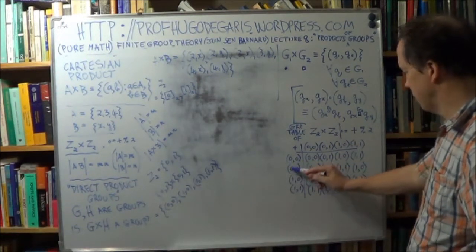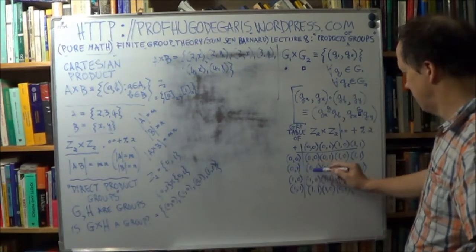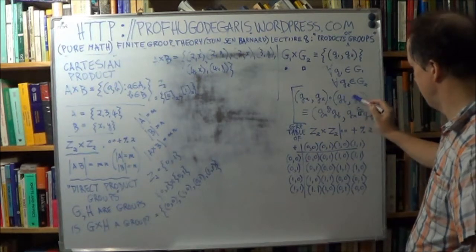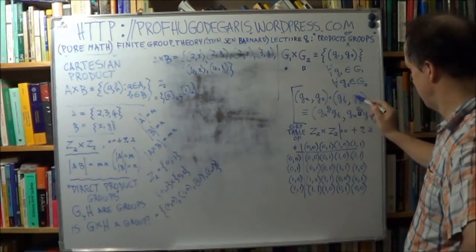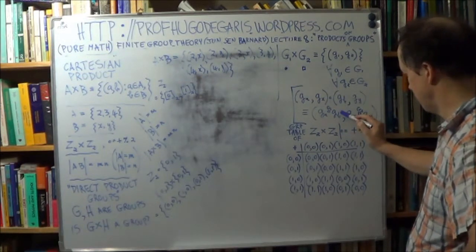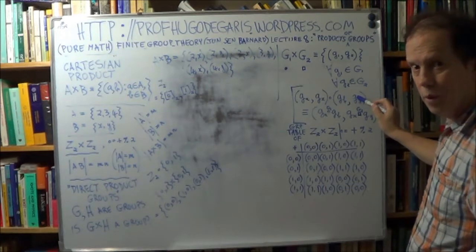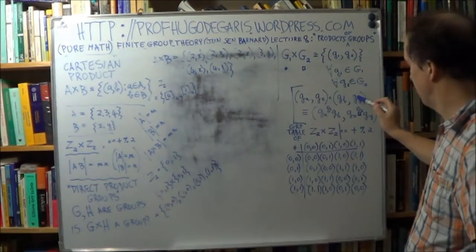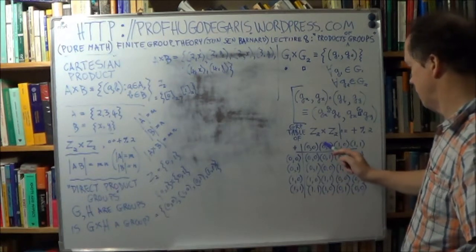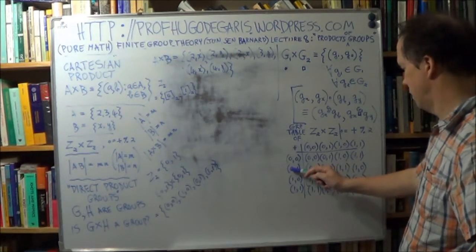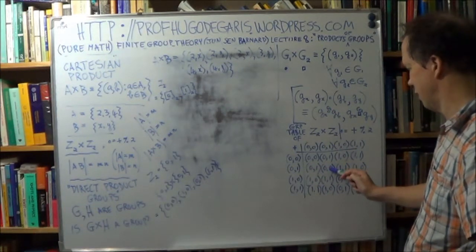All right, let's try this one. So (0,1) goes here. (0,1) times (0,1): so 0, 1, 0, 1. So 0 and 0 is this, that must be 0. And 1 and 1, and you're adding, remember? So 1 plus 1 is 2, mod 2 is 0. So you get a 0 here.